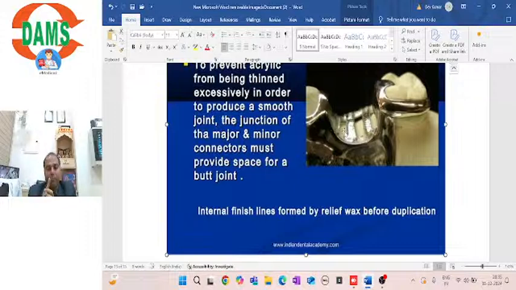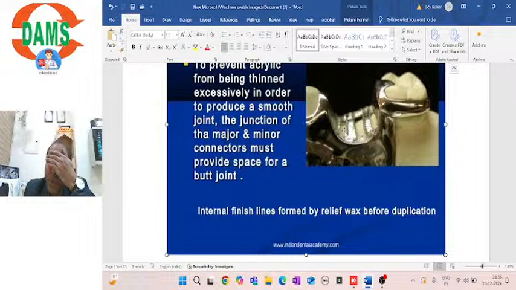Internal finish line is a butt joint at 90 degrees, external finish line is always at an acute angle. So the external finish line you actually carve as a technician. Internal finish line is formed by the relief on the edentulous area, relief wax on the edentulous area before duplication. Remember this, very very important.